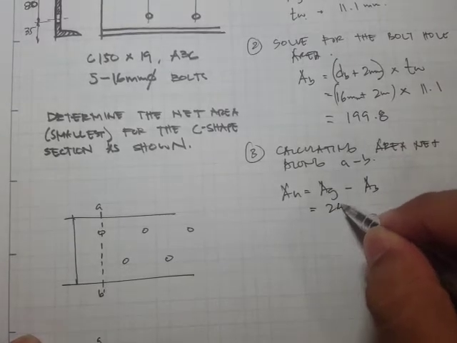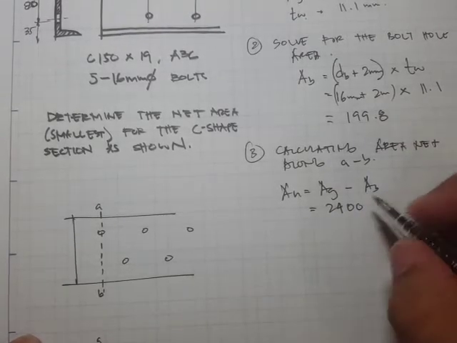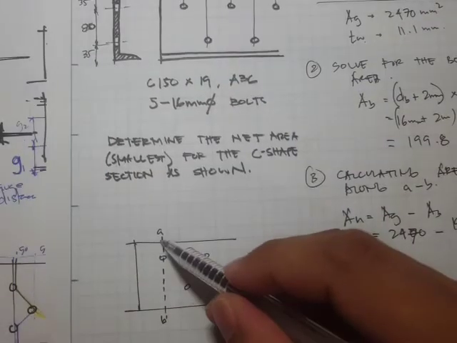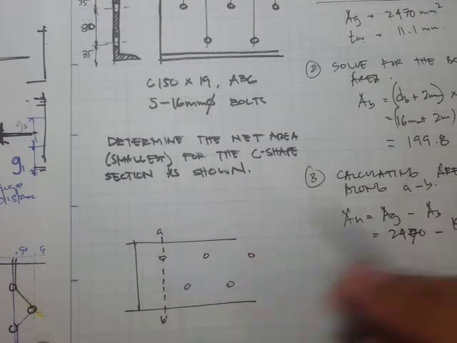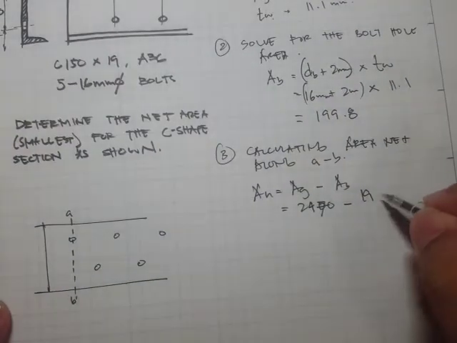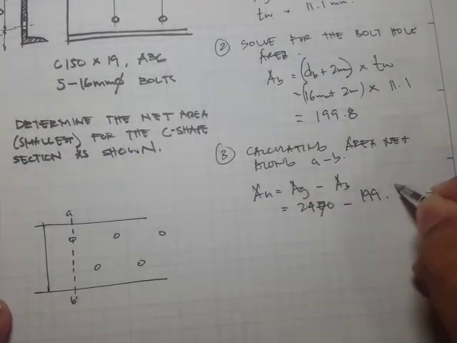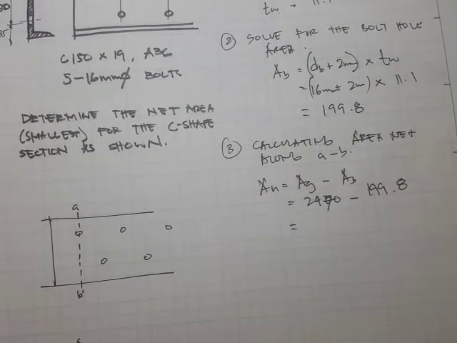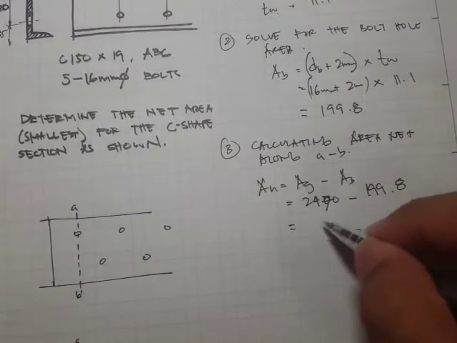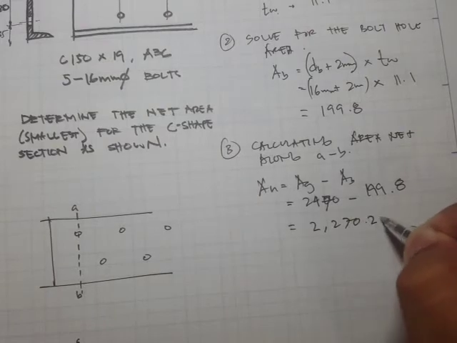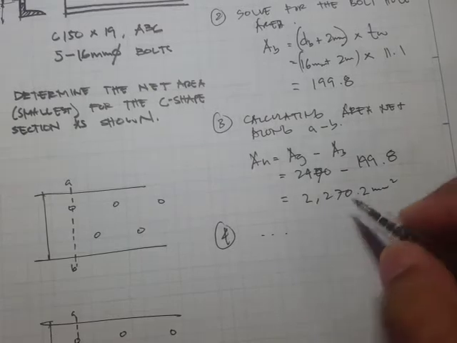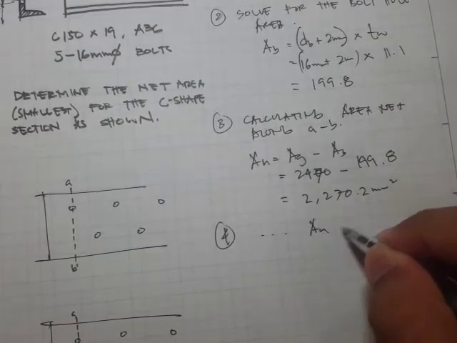So this is 2470 minus, since we only have one bolt hole here, 199.8 mm squared. 2470 minus 199.8 is 2370.2 mm squared.